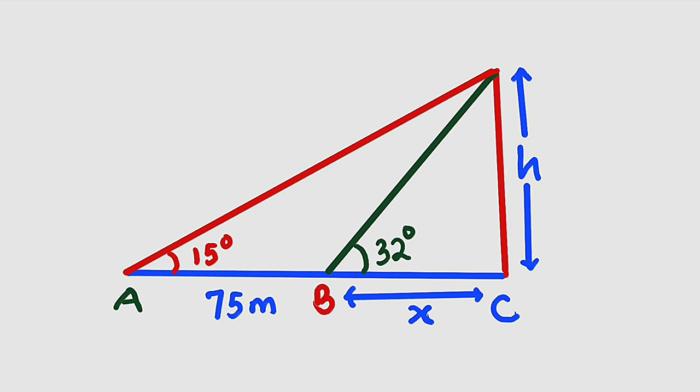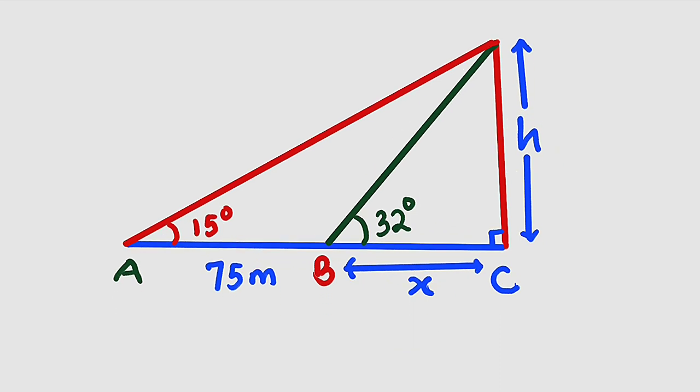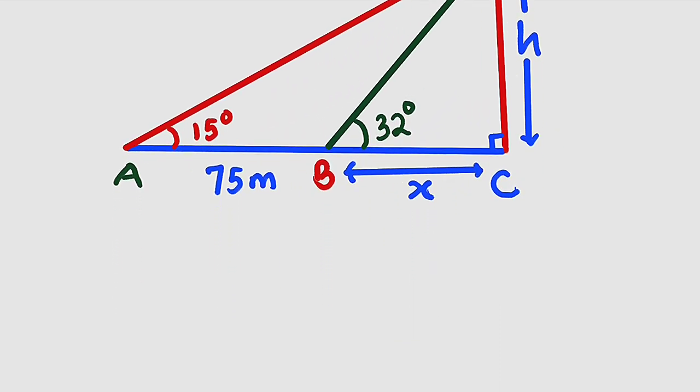So what is the relationship between the height, which is the opposite side, and these two angles? Let me start with this right angle triangle, because you should know that we have a right angle down here. The relationship between the adjacent side and the opposite side is tangent. So we are going to take tangent of 32 degrees and relate it with x and h.